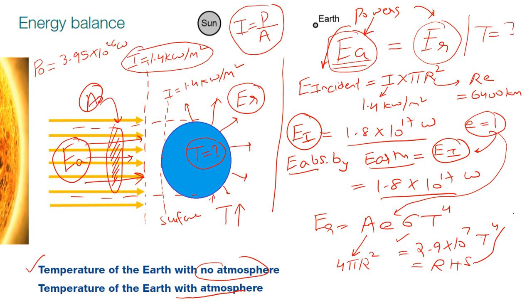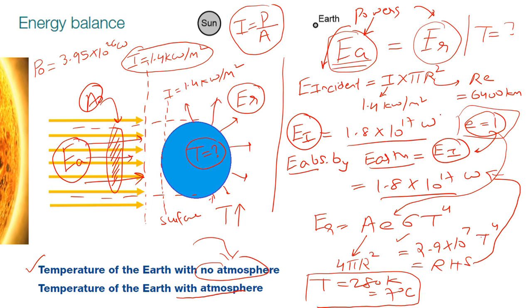If I equate this with the left hand side and solve, eventually we get the value of temperature as 280 kelvins, and this is 7 degrees Celsius. So this was the entire working: how do we find the temperature when there is no atmosphere, and second, the earth is a perfectly black body, because of which we say that the emissivity is equal to 1.